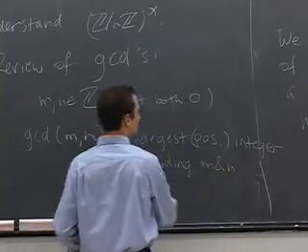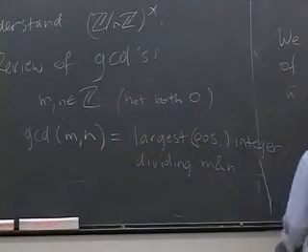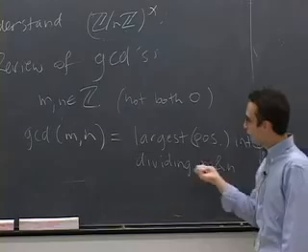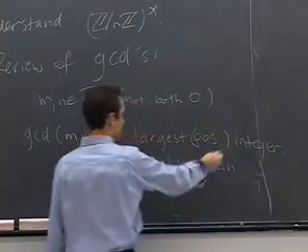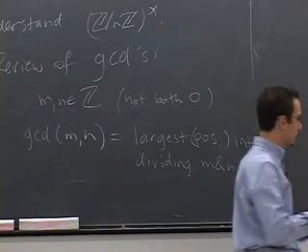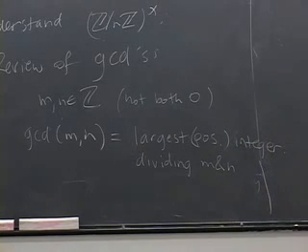But for the purposes of understanding the GCD, there's a better way of writing this down, because it doesn't make reference to the order structure on the integers inherited from the real numbers. In other words, it doesn't talk about positives and negatives.